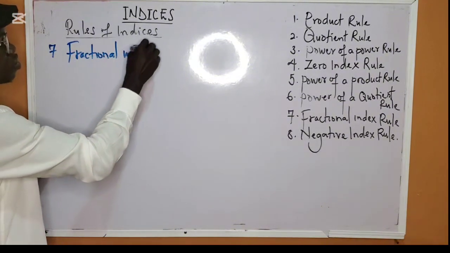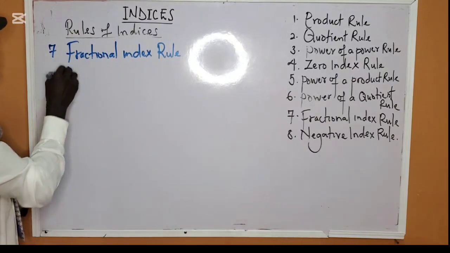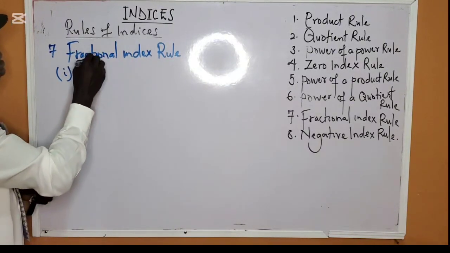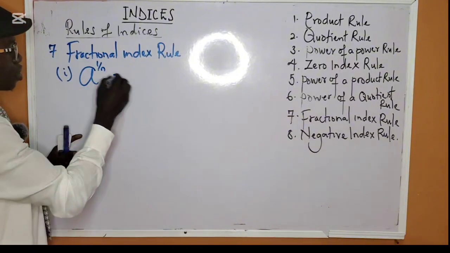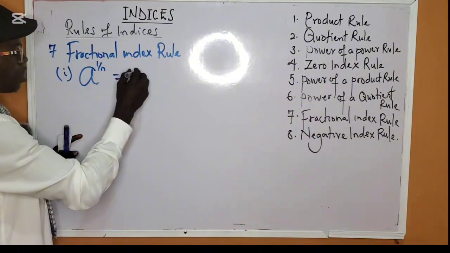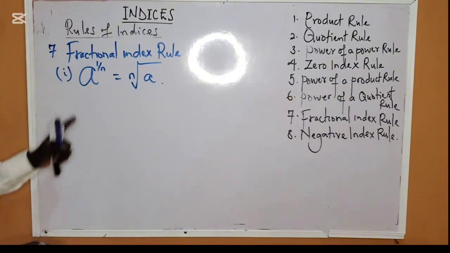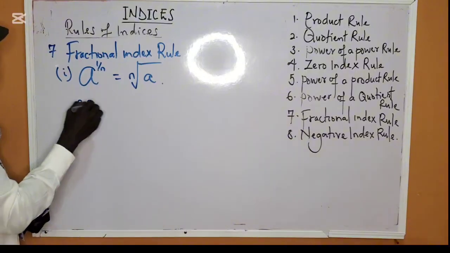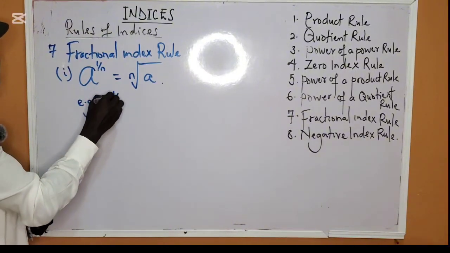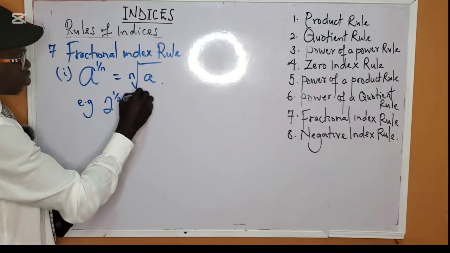The first rule: a raised to the power of 1 over n equals the nth root of a. That's the first one. So let me take an example here. For example, if I have 2 raised to the power of half, that will give me root 2.